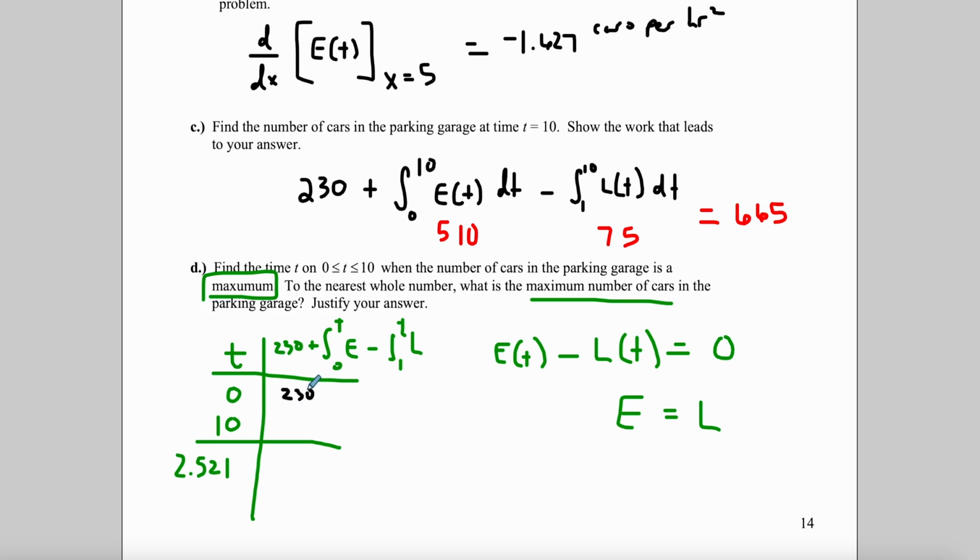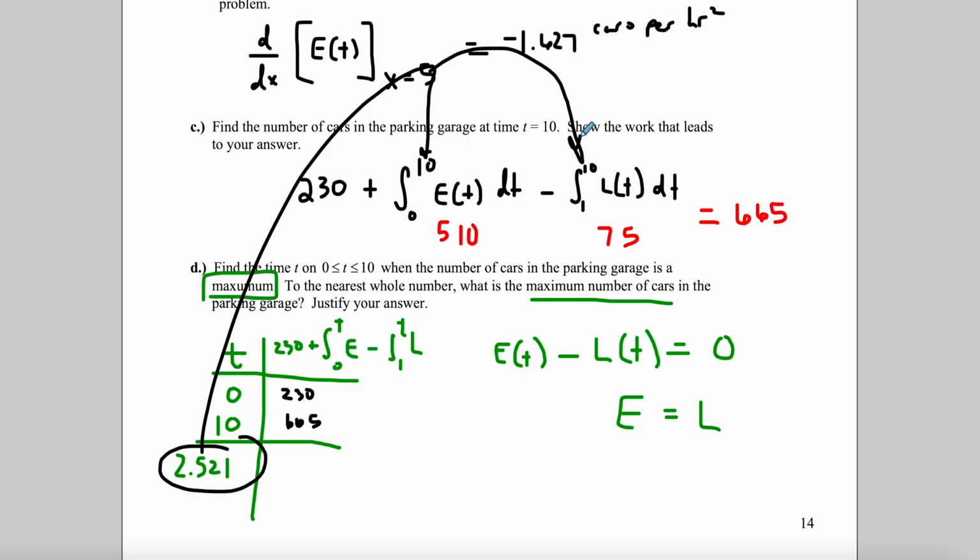We already did the work at 10. It was 665. If you take this 2.521 and plug it in there, that changes the number of cars to about 264. So you can see that the answer to letter D here is definitely going to be at the end of the day, 665.